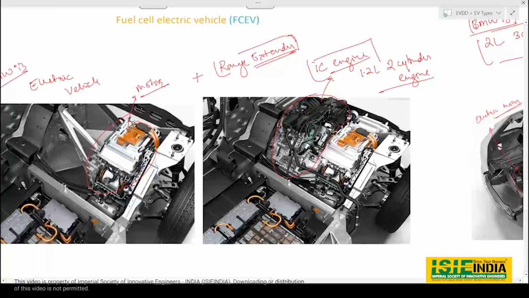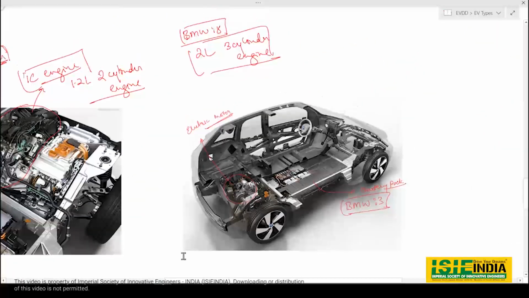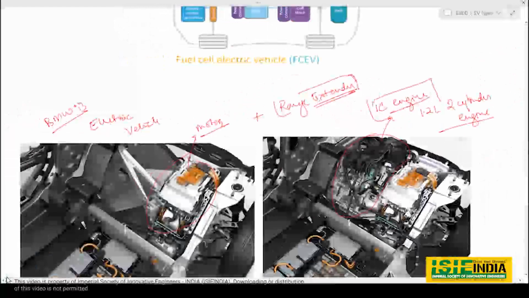So this is one of the advantages of using a series hybrid: it really reduces the emissions because the engine size is reduced and the motor is the primary driving source, so it helps in reducing the whole power consumption and everything. So this is about the parallel and series hybrid.